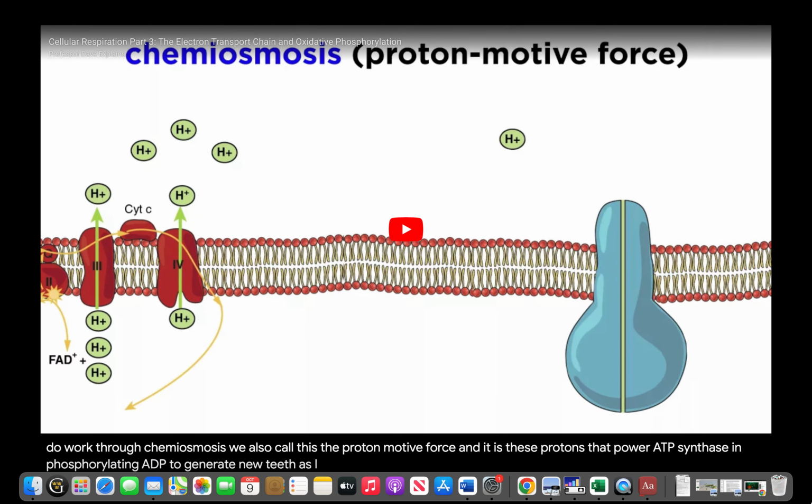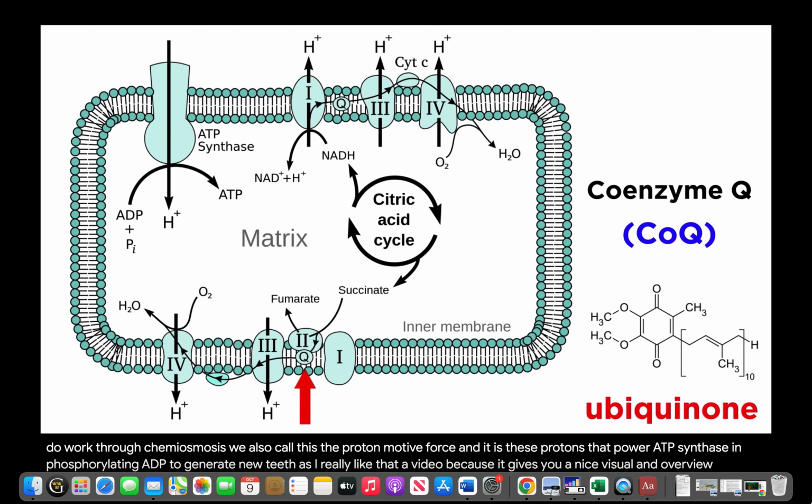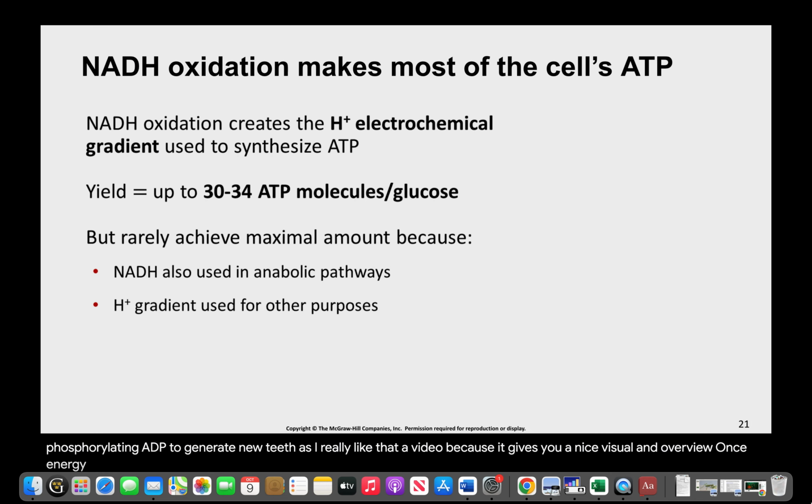All right, so I really like that video because it gives you a nice visual and overview. So it's that last step, stage 4, oxidative phosphorylation, that creates all of that ATP, right?